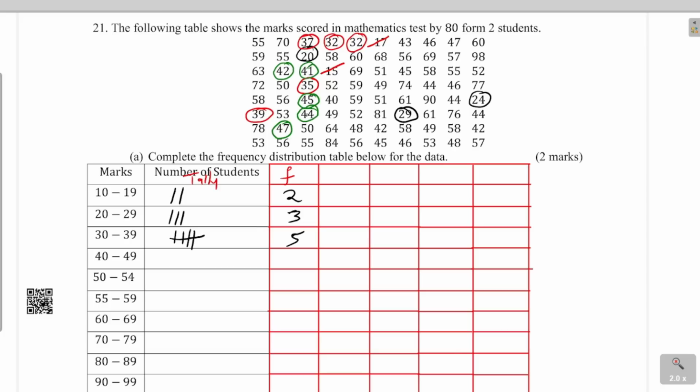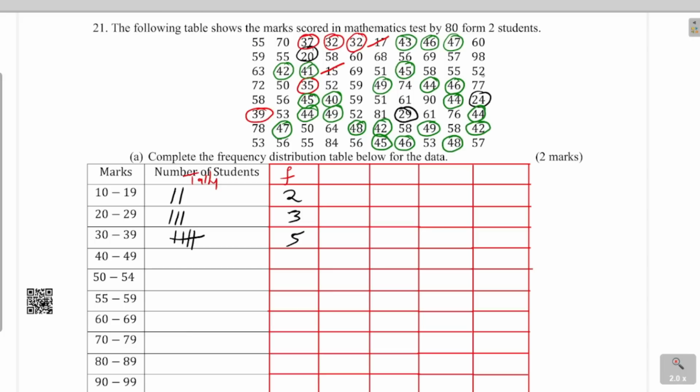Anything that is between 40 to 49, that is what I'm putting a circle. There are many. 40 to 49. There is 46. There is a 44. There is a 49 there. There is 47. There is 46. 44. 48.